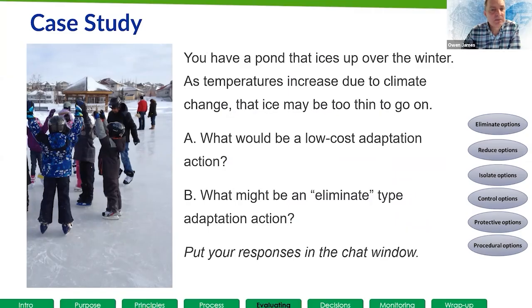Give us some ideas about what you could do at A, and then B, give us some eliminate type options. So we're not going to do this on Menti or on another platform. Just put some ideas in the chat there. Just go A, I think we could do this. B, could do that. And C, we'll just see what we come up with.